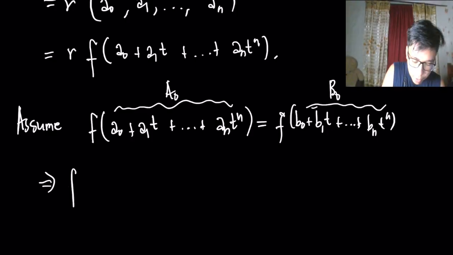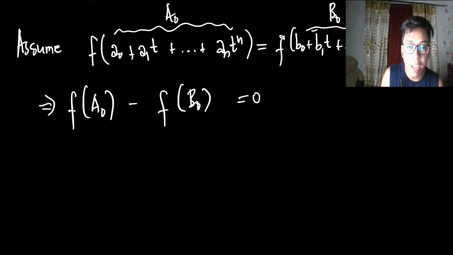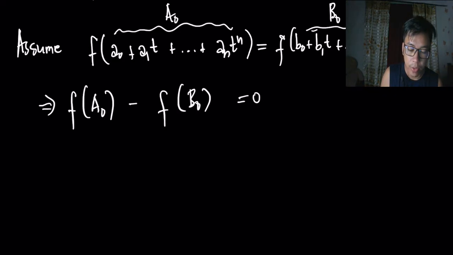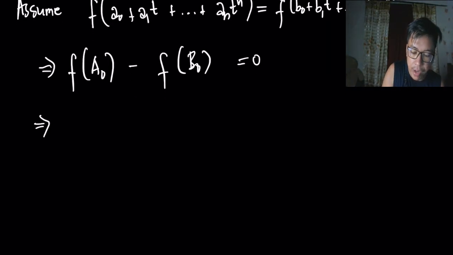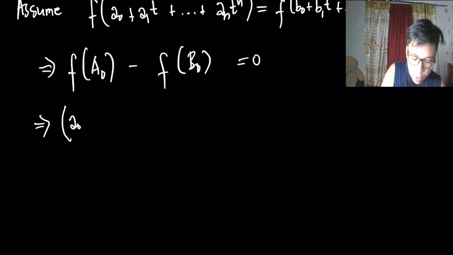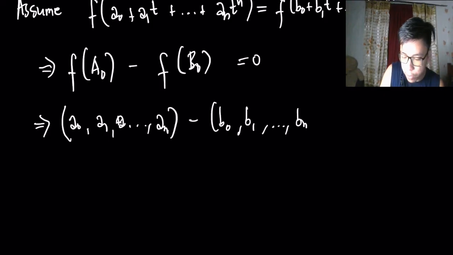So I have f of a minus f of b equals 0, where I add both sides by negative f of b, and so I get that equation. And then f of a, or entirely this thing here, is equivalent to (a_0, a_1, up until a_n) minus (b_0, b_1, up until b_n) equals 0.